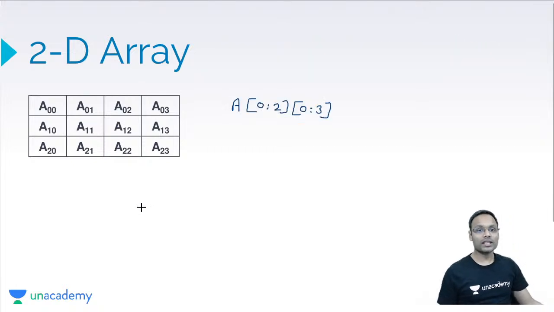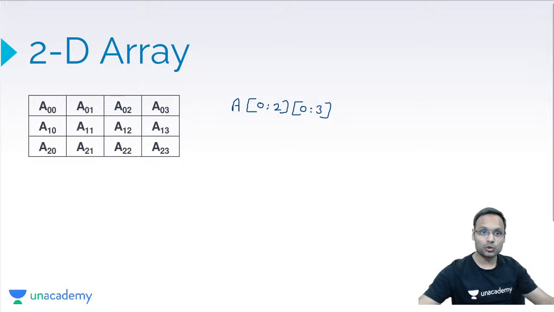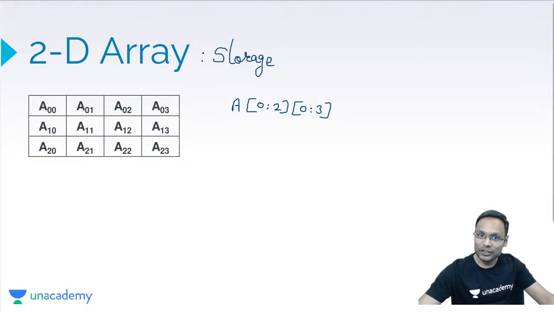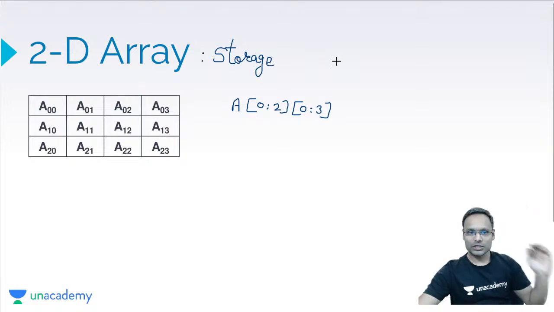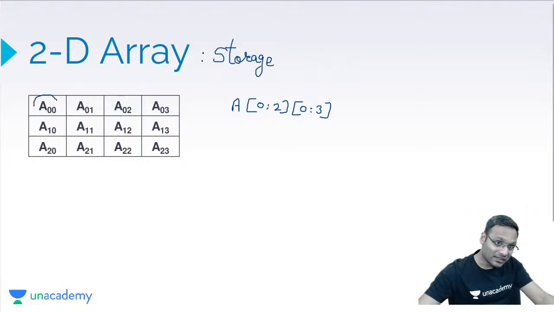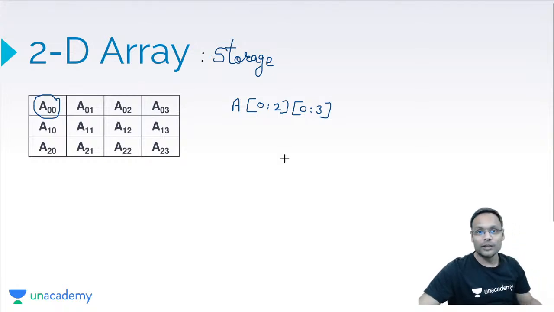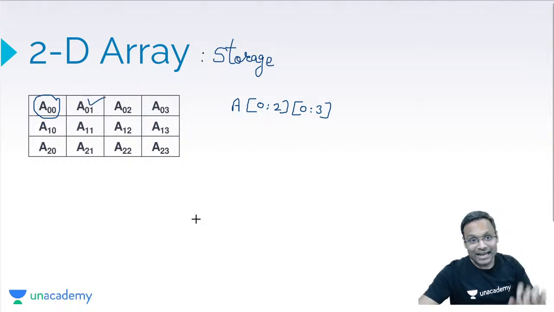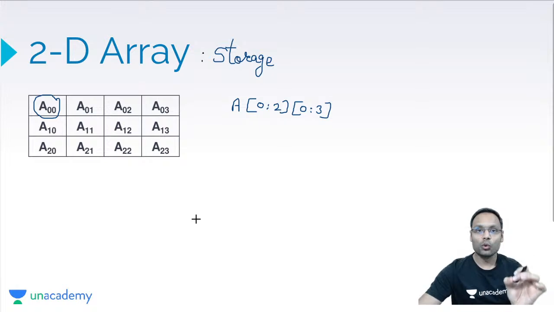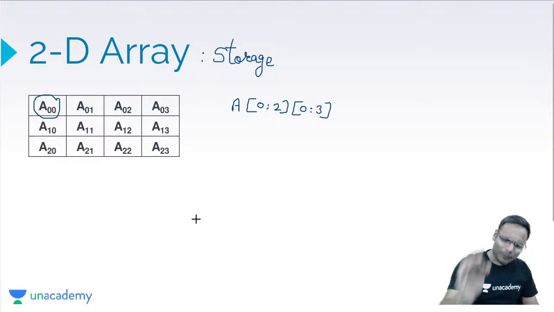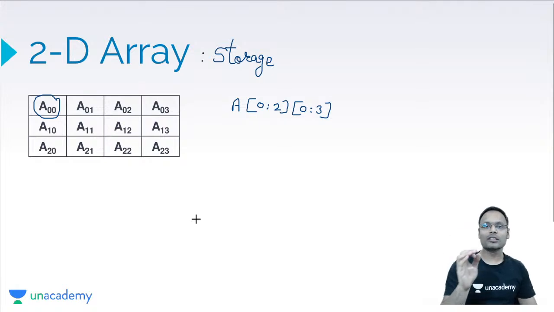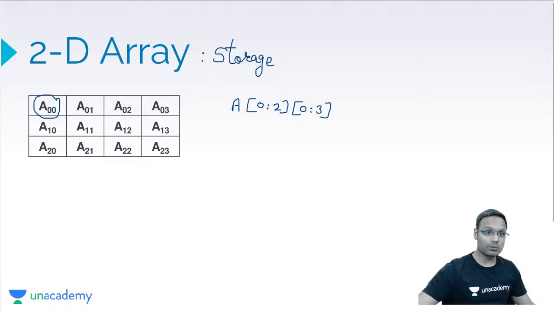How to store this 2D array in the memory? Storage. We are going to check out the storage. We all know that an array should be stored in consecutive locations. So first, if at the base address you have stored this A of 0 0, which element will you store next? This one or this one? That depends on the storage policy. Everyone knows what the storage policies are. Does everyone know or not? Tell me quickly.